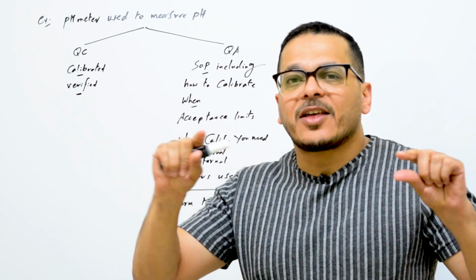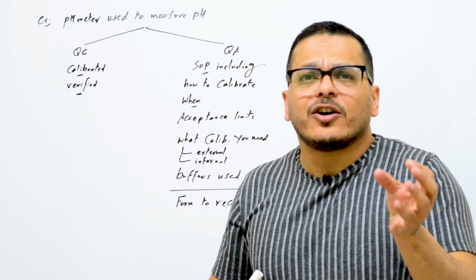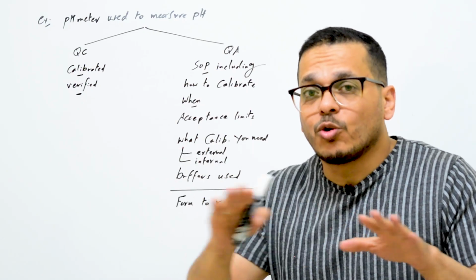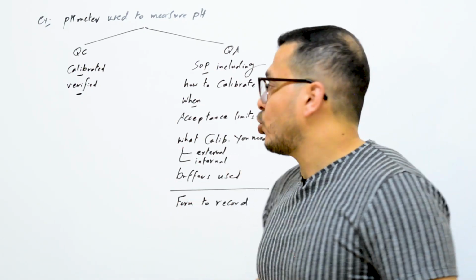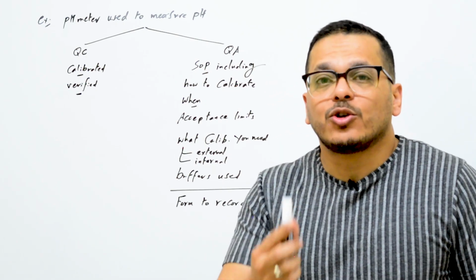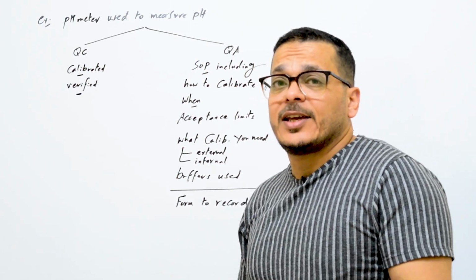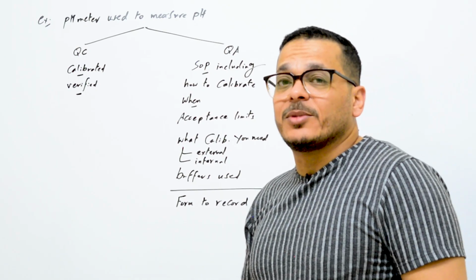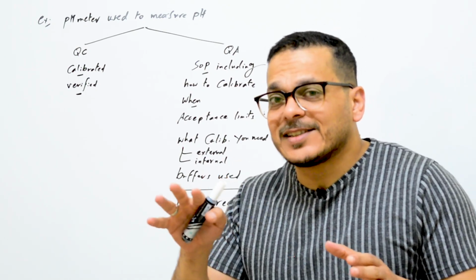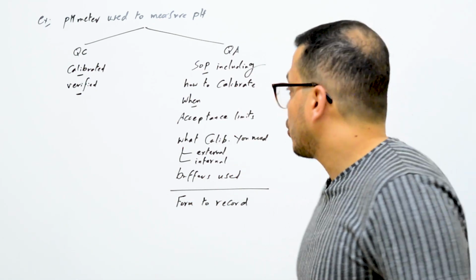You will select 3 levels of pH, 3 pH buffers, as an example 4, 7 and 10, and you will measure all of them before measuring any sample. Then you will verify using pH buffer 7. Then there is an acceptance limit for all of them, and how to ensure that this calibration is accepted or not accepted will be written inside the procedure.